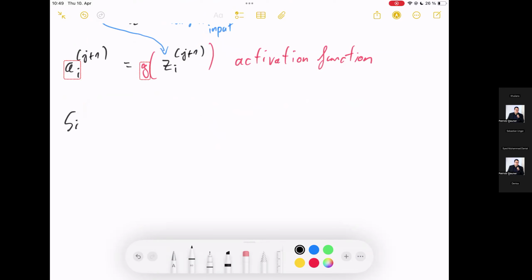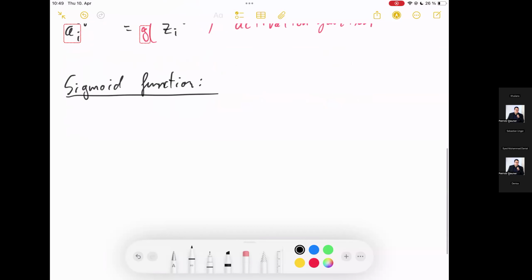So we need the sigmoid function. And the sigmoid function is often written sigma of x. And this is 1 divided by 1 plus e to the power of minus x.